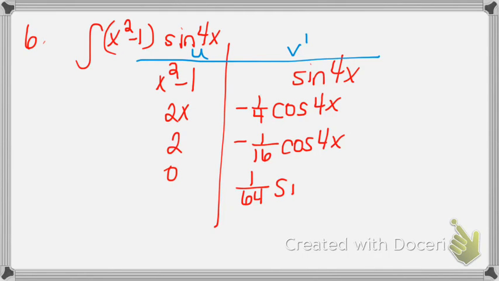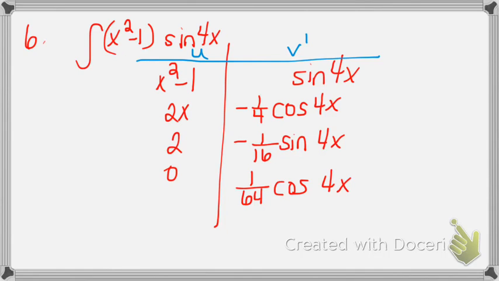That would be sine. You know what? I didn't even change these. I'm sorry. The antiderivative of cosine is sine. Antiderivative of negative sine is positive cosine. There we go.